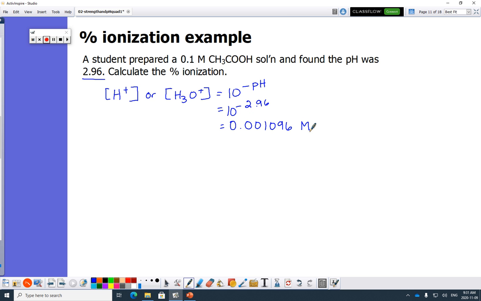If you prefer scientific notation, that's fine. If you don't want to use scientific notation, that's fine. You can use big M or moles per liter. Either of those is fine.